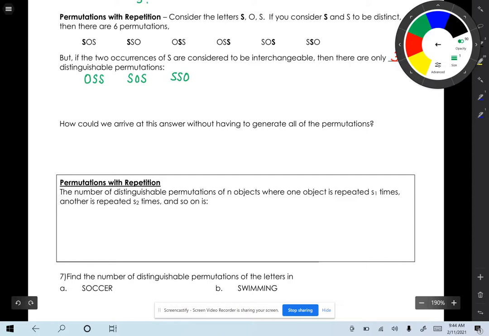So we could do this. You have 3 different letters, and here's how you would do this particular problem. So that would be 3 factorial. And then here in the denominator, you're actually doing this.